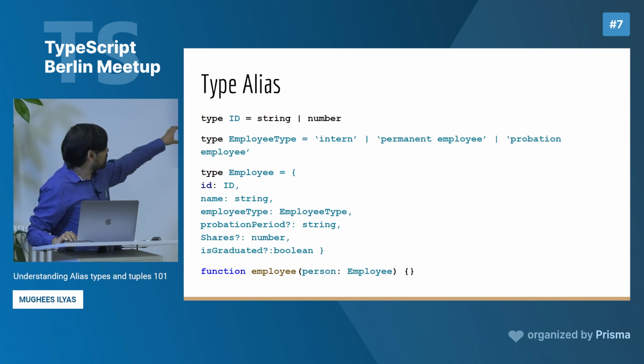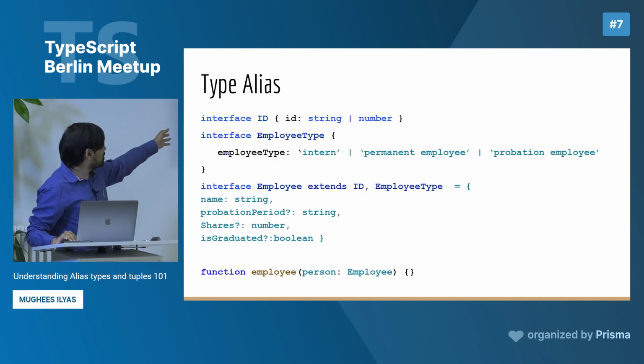By taking it out and making it an object, now you only pass the things that you want and skip the optional ones. You can potentially do the same thing with interfaces.